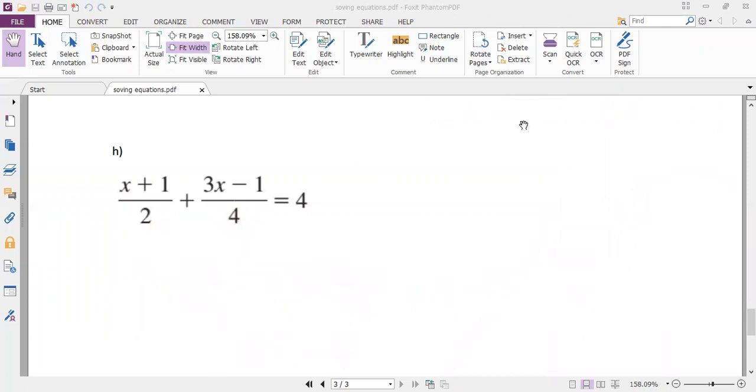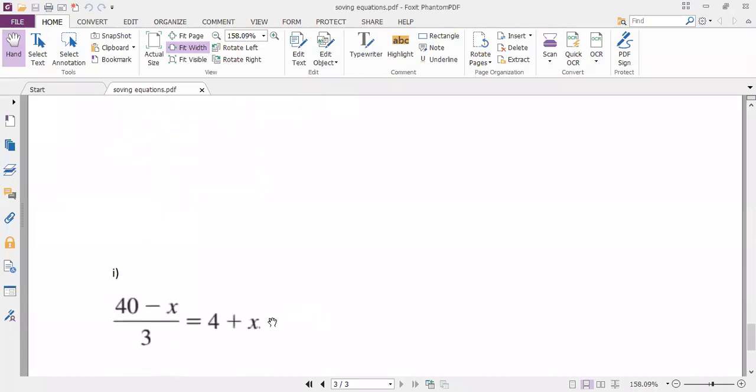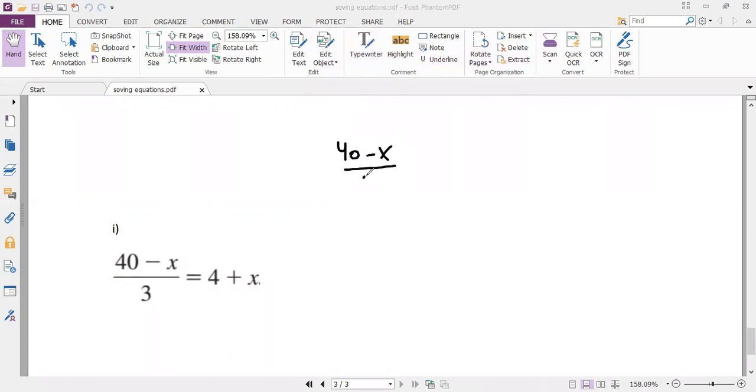The last example in this episode, I have 40 minus x over 3 equals 4 plus x. You know, in this case, we can deal with it as 4 plus x over 1. Okay, so we can do cross multiplying.